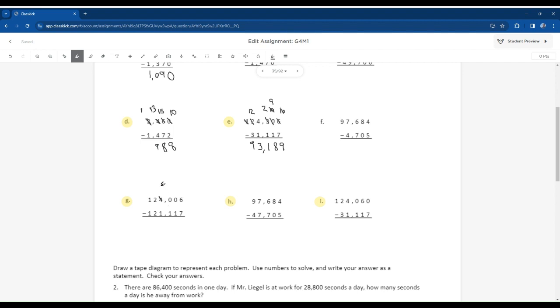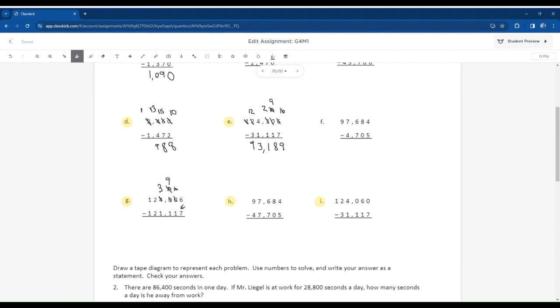So I'm going to regroup 4 thousands for 3 thousands and 10 hundreds. Again, still didn't solve my problem of needing ones though, and I don't have any tens that I could take from. So I need to regroup 10 hundreds for 9 hundreds and 10 tens.